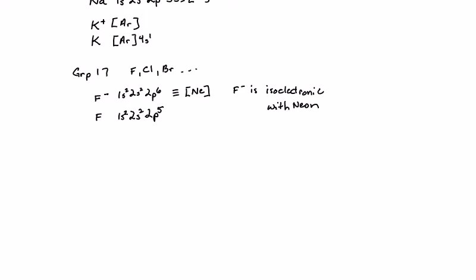So if we look at lithium, beryllium, boron, carbon, nitrogen, oxygen, fluorine, and neon, we call these the representative elements because they're at the top of each one of their respective groups.